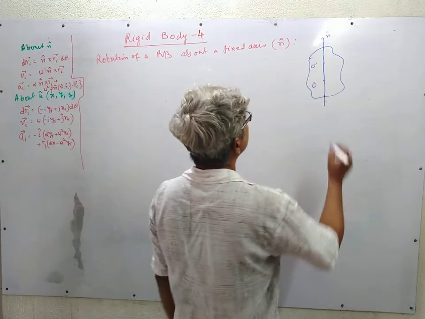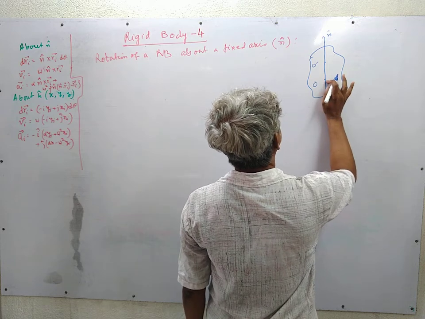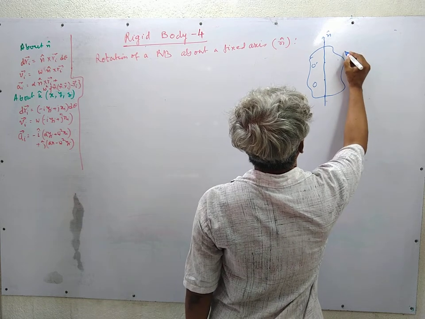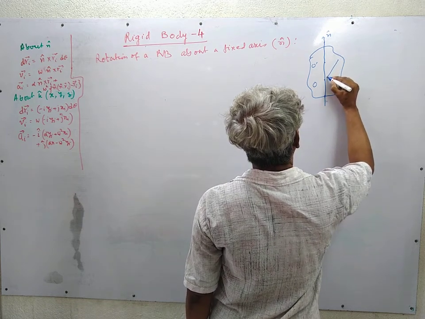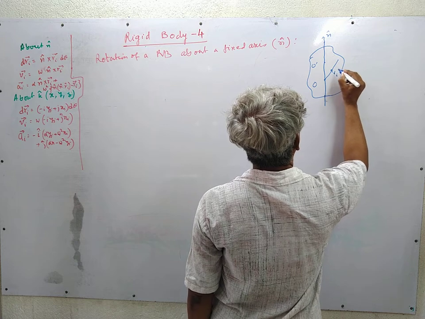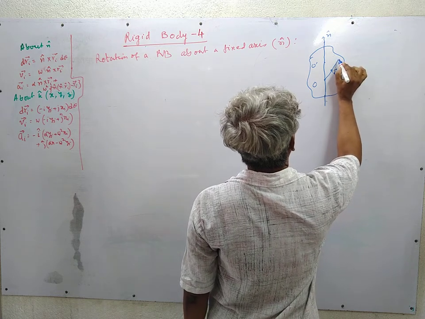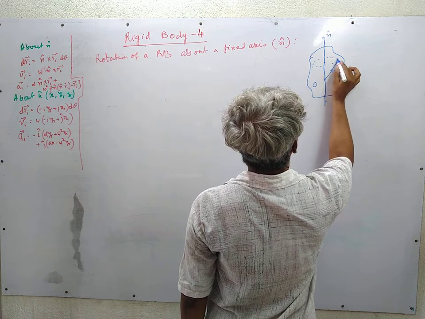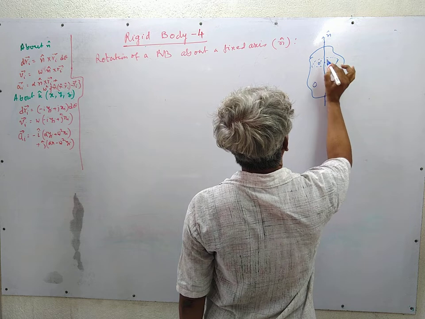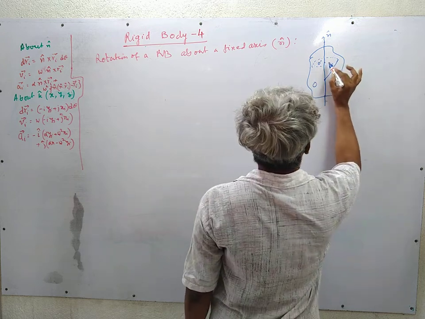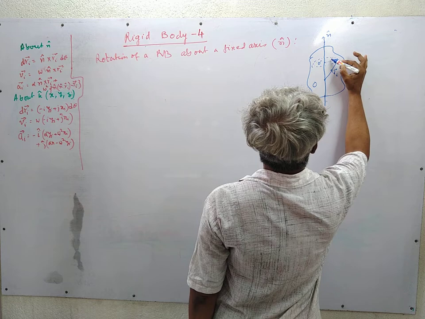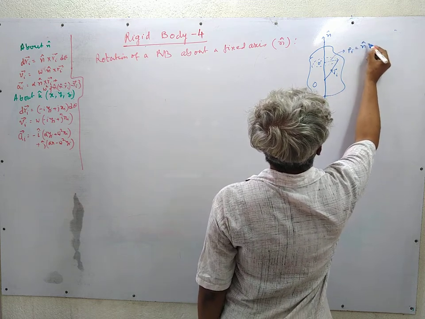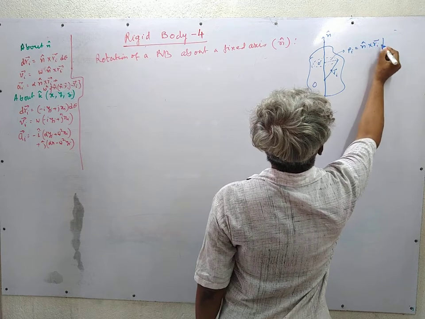If we choose O as the origin, then we have a point with mass Mi, whose position vector is Ri with respect to this, and this particle executes a circular motion whose center lies on the axis of rotation. This is O prime, and this much, rho i, is equal to the magnitude of n cap cross Ri.